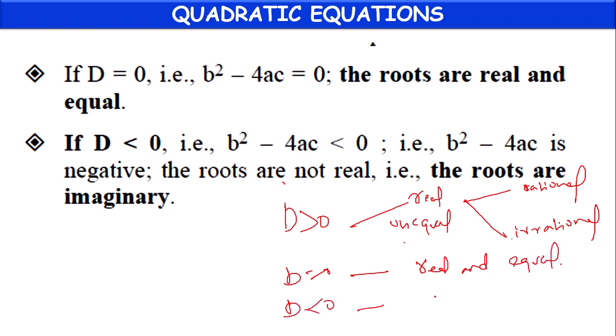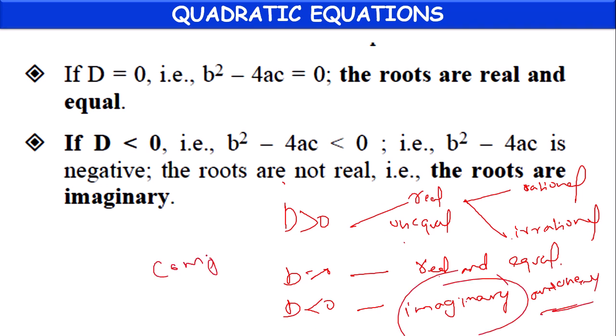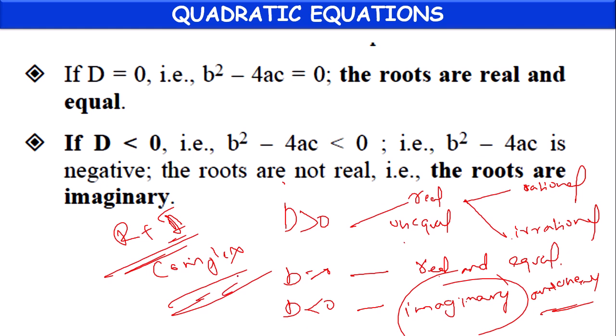If d is less than 0, they are not real, they are imaginary and unequal. Sometimes they use the word complex also. Complex numbers means a combination of real numbers and imaginary numbers.